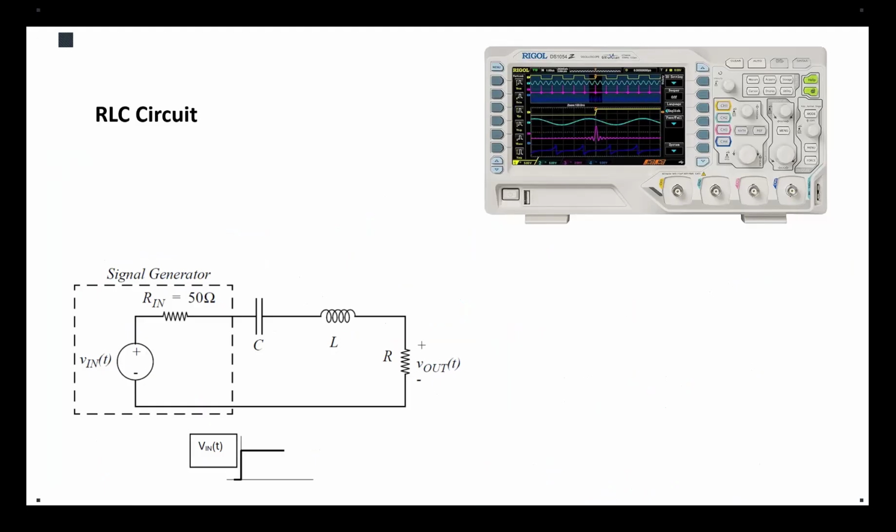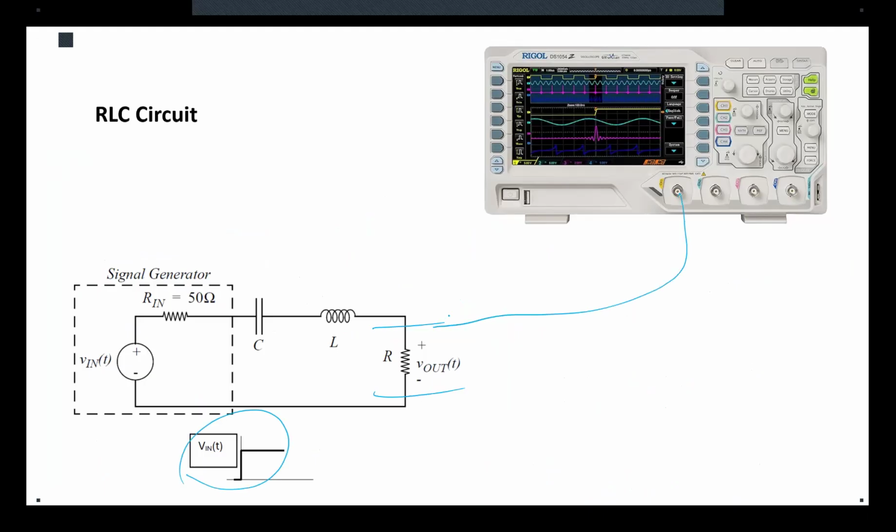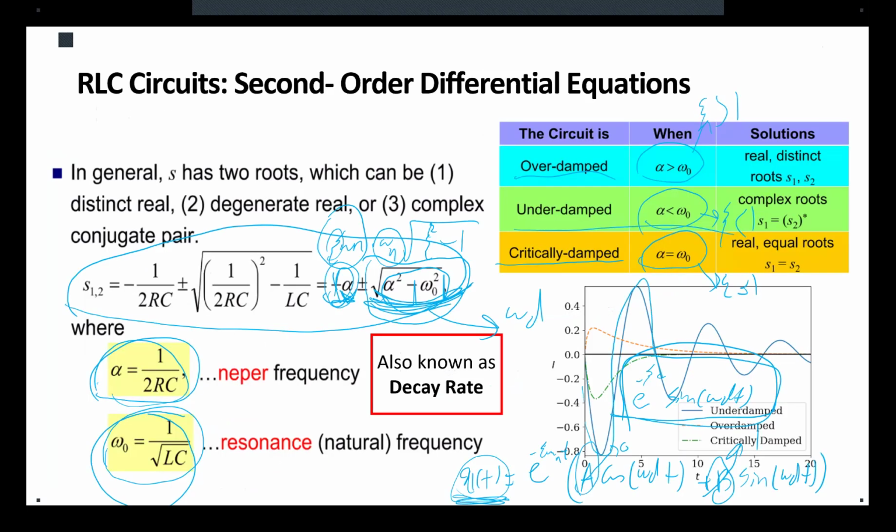For measurement, you simply construct the circuit. You have a step function. The output is the voltage across the resistor, so you can connect the oscilloscope across the resistor, and you are going to find such an oscillation. The oscillation frequency is 1 over the time it takes the waveform to finish one cycle.